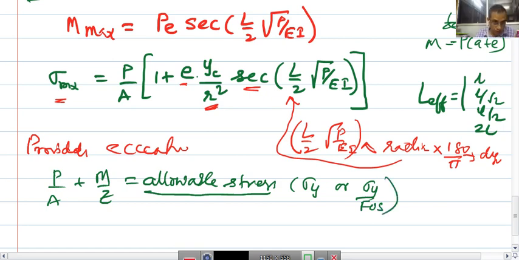So, we know that P is the load given to you, that we know, how much load. A is known to you, M means P into E by Z, we know, right. So, equal to allowable stress, we know.